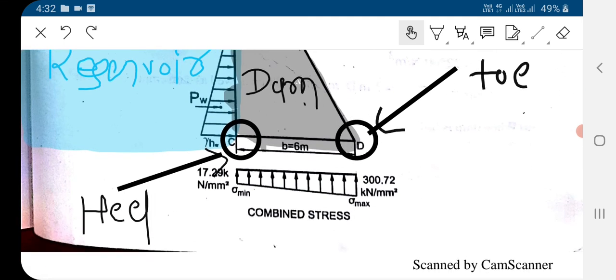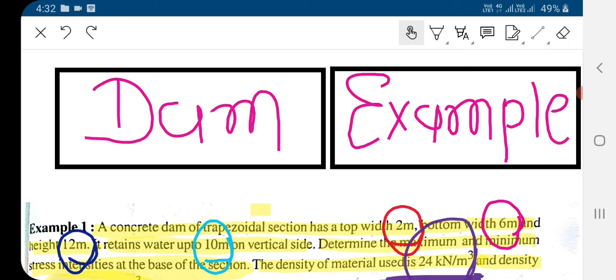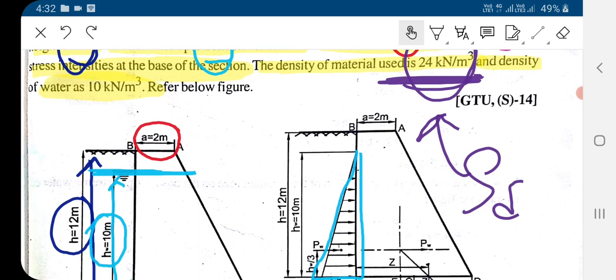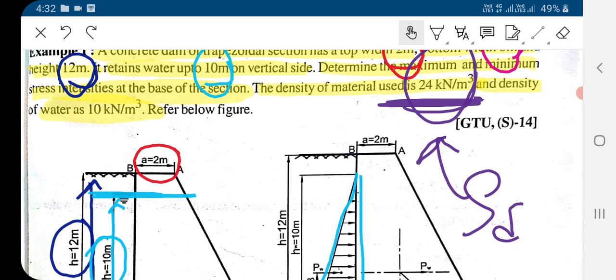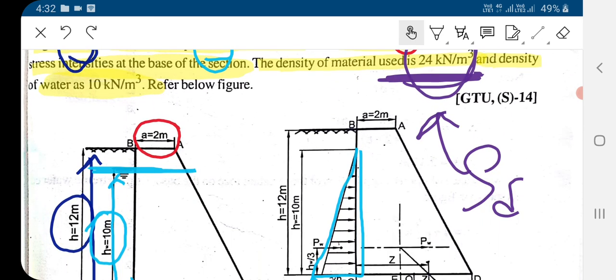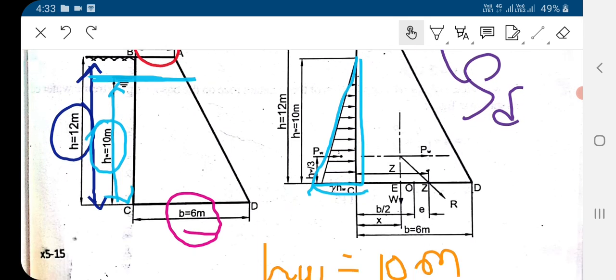Okay, so likewise we can draw these combined stresses. So students, a very frequently asked example from this dam portion is that we have to calculate the combined stresses and draw the diagram for this. See here in this example, top width, bottom width, height of water, and densities of material and water are given, and we have to compute the stresses from this data.